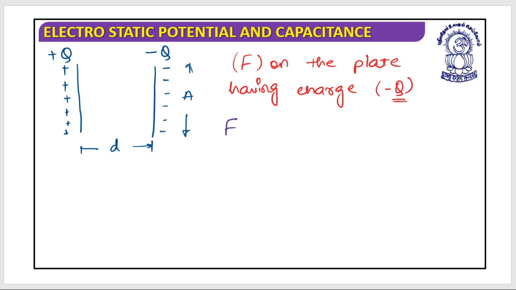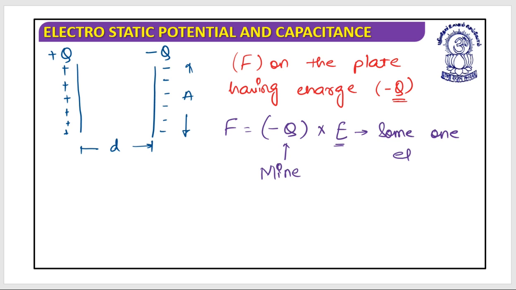F is equal to minus Q multiplied by the electric field. Now you must be very careful about who contributes this electric field. When we say F is equal to Q into E, the charge will be of mine, but the electric field will be of someone else.